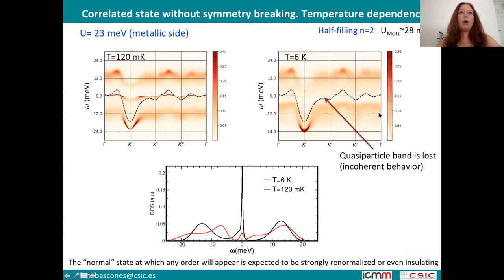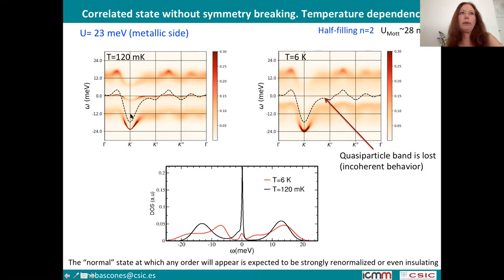Also there can be some temperature dependence. When we are very close to the Mott transition, here the Mott transition is at 28 millielectronvolts, and here I'm considering 23. You can see that at low temperatures the system is still metallic, and we have here this renormalized band.